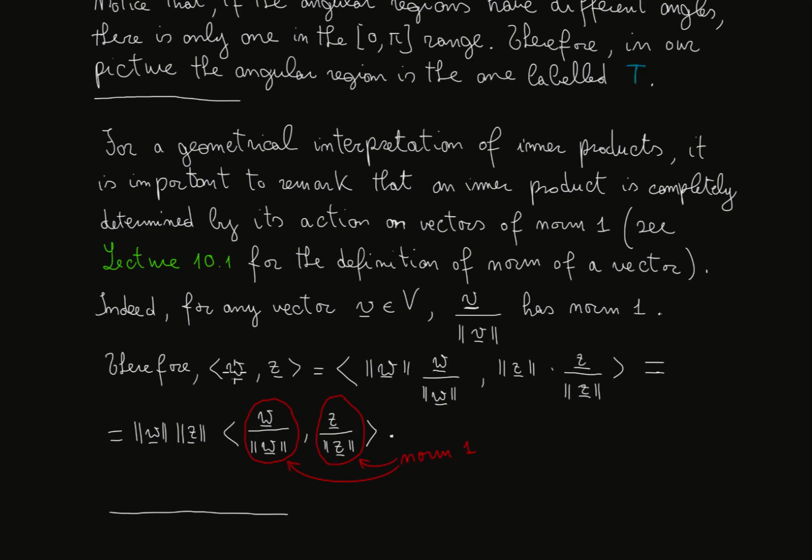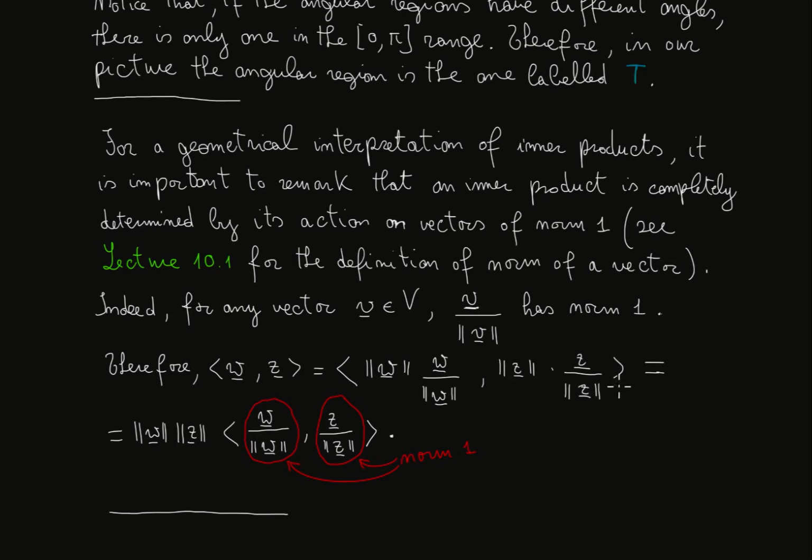Therefore, the inner product of W with Z can be rewritten as the norm of W times the vector W divided by the norm of W, and of course this vector is W itself. We can just cancel out the norm of W here and here.